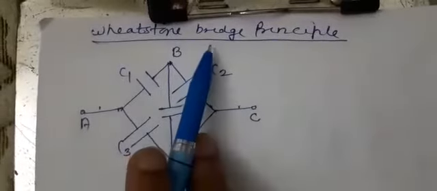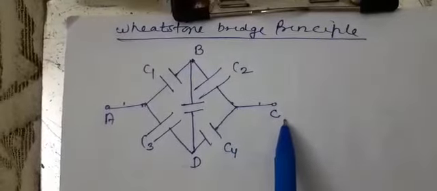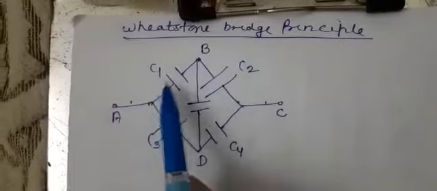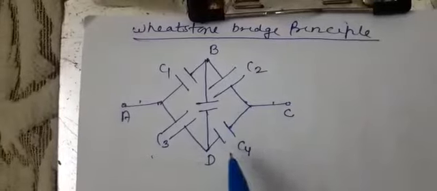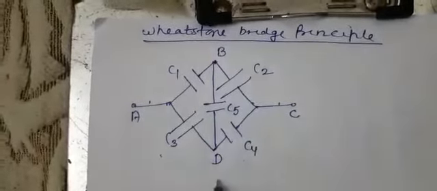See, as per this Wheatstone bridge principle, here in between A and C, capacitors C1, C2, C3, C4 and this C5 are all connected to form a bridge.